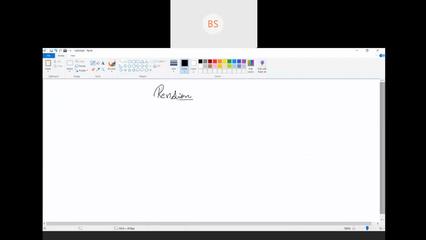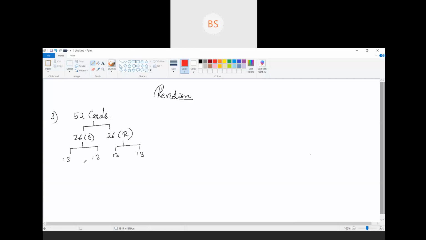Now here they are talking about the deck of cards. As we know, in a deck of cards we always have 52 cards. It is divided into 26 black cards and 26 red cards. These 26 black cards are divided into two sets of 13, and the red ones are also divided into two sets of 13.